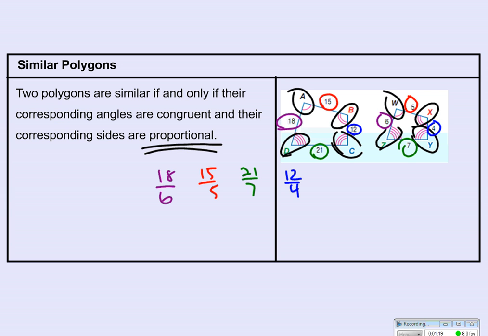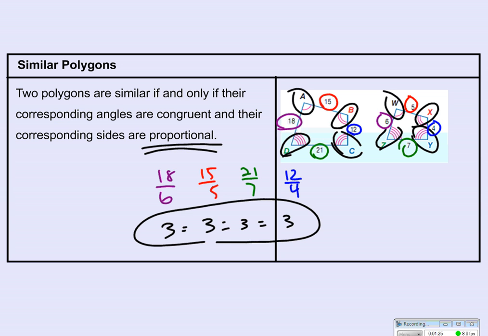Please notice how all of these are a fancy way of saying 3. That means that they are going to be proportional. Now this also would be referred to as a scale factor. Going from this to this, I have to multiply it by 3.